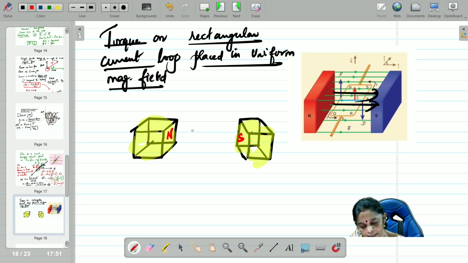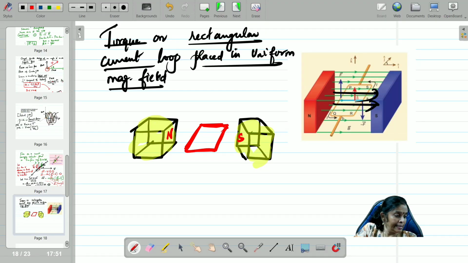Let me place it like this, three-dimensional flat, between the pole pieces of the magnet. Understood, children? So this is the rectangular coil. I'm placing it parallel to the field.